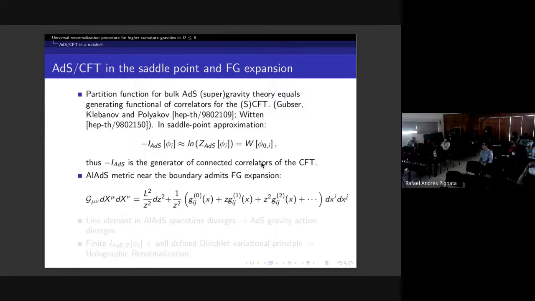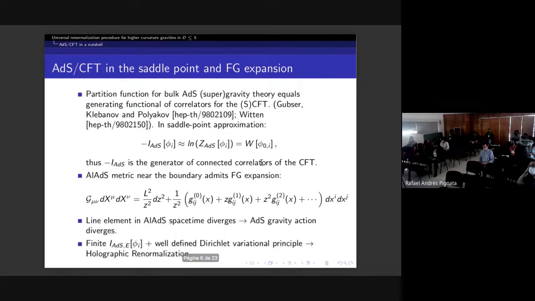However, if you want to use the gravity action as a tool, as a generating function for correlators, you need it to be finite. So you need a way of canceling the divergence of the line element, but this has to be done in a way that respects the variational principle for the gravity action.